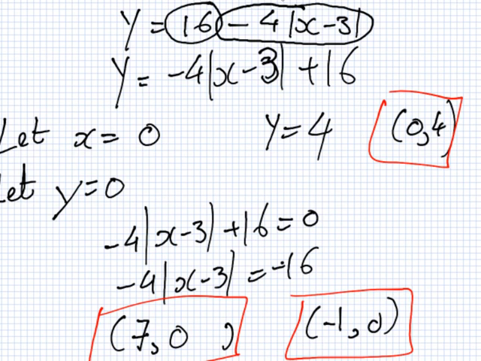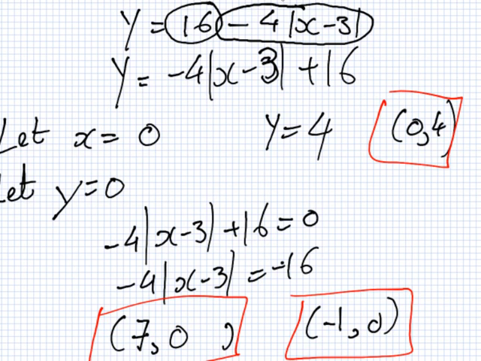Absolute, positive or negative? Multiplied by minus 4, positive or negative? Negative. What's the biggest a negative number can be? Zero.